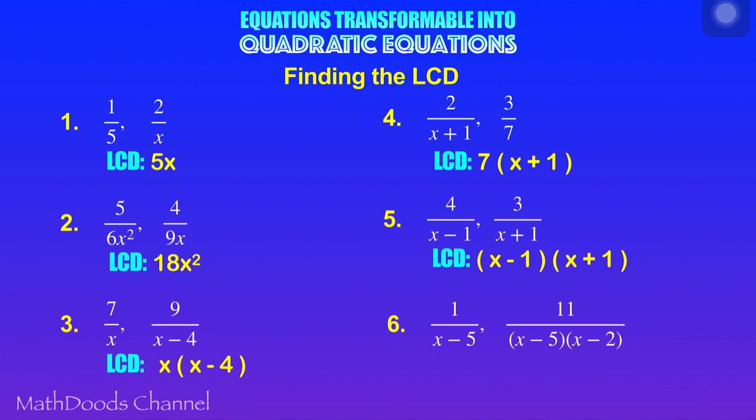So, common yung quantity x minus 5. Isang beses mo lang kukunin, gagamitin. Wag mo na dublehin. So, kukunin mo lang quantity x minus 5, tapos isama mo yung walang pair, yung x minus 2. So, ang LCD dito ay quantity x minus 5 times the quantity x minus 2. Ganun ang paghanap ng LCD.